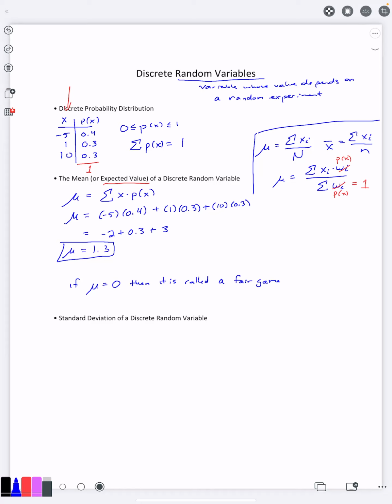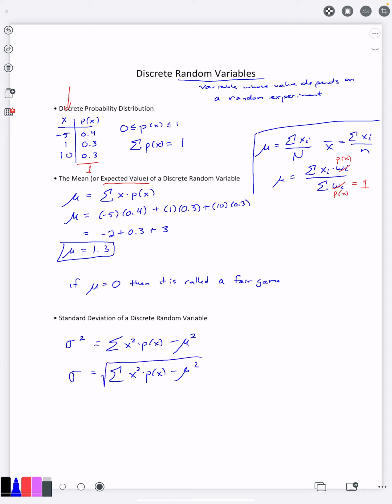Now we're going to do standard deviation of these discrete random variables. The formula for that, you can either do it with the variance or the standard deviation. The variance is going to be the sum of x squared times the probability minus the mean squared, or if you want to square root that whole thing, that will give you the standard deviation.